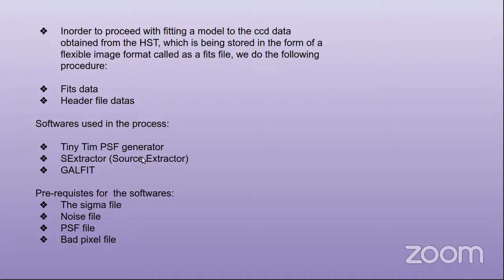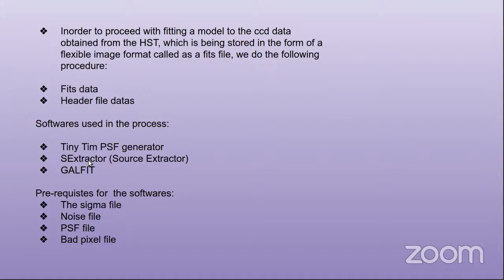Then we use Source Extractor. Source Extractor is a program which runs through a series of parametric conditions and acquires those parameter values from the FITS file. The parameters whichever we require, we can put in a file named with the .param extension.